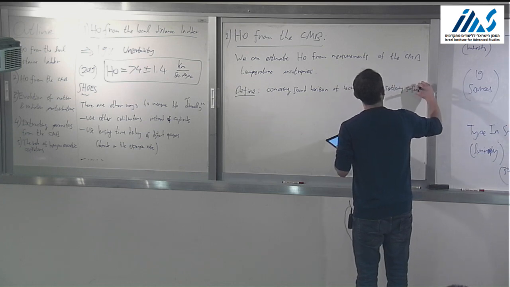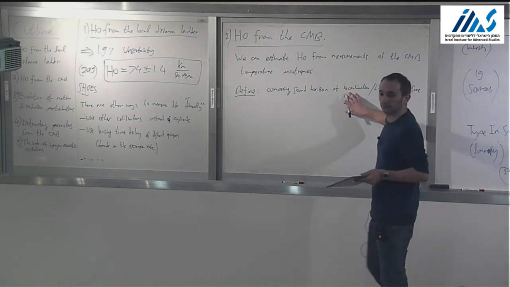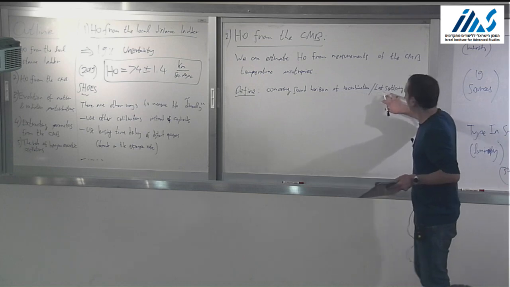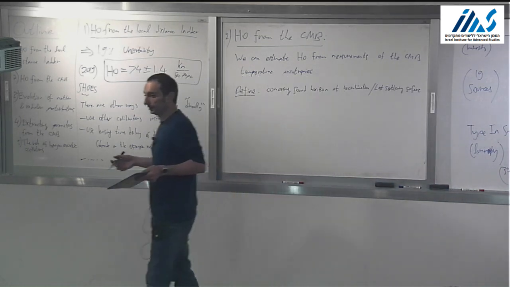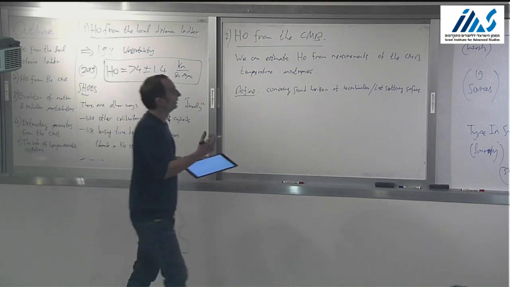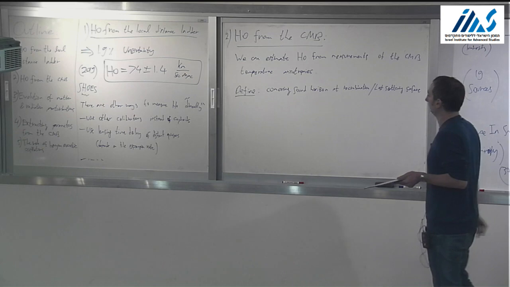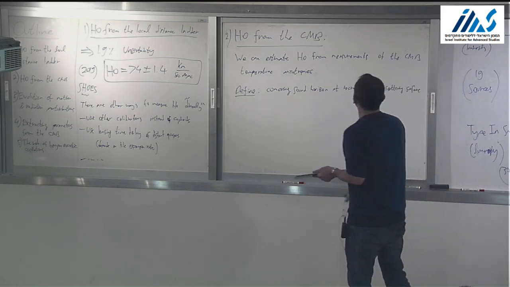Okay, so I am not going to talk about the process of recombination. But the moment of last scattering happens when the rate of Thomson scattering of photons off of free electrons drops below the Hubble expansion rate. So yesterday we talked about interaction rates versus Hubble expansion rate.